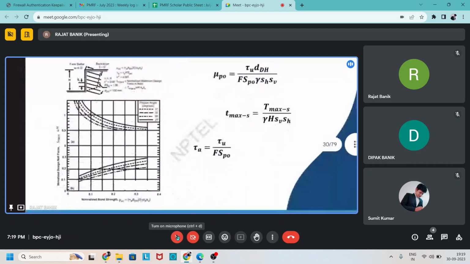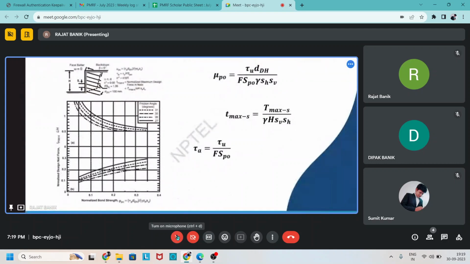So now we discuss the application of these charts, which are given to find out the length and maximum tensile force, axial force, or design nail force for our soil nail design.